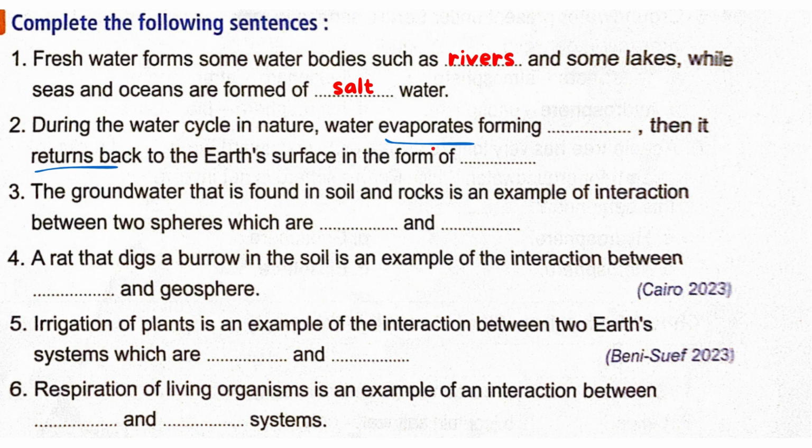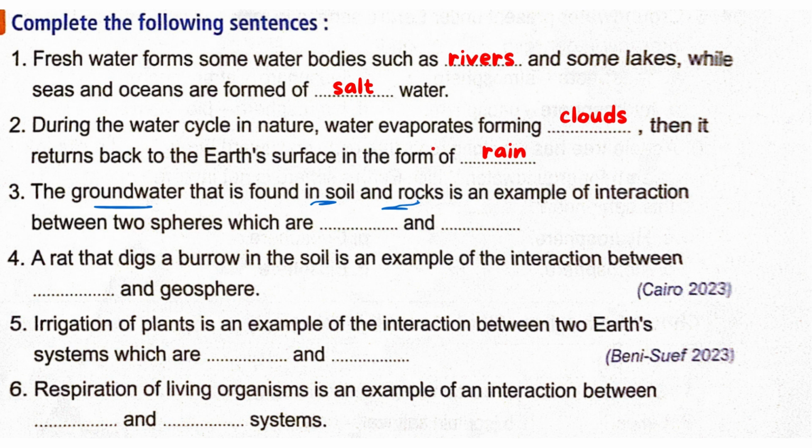During the water cycle in nature, water evaporates, forming what? Then it returns back to the earth's surface in the form of, yes, when the water evaporates, it changes into water vapor. This water vapor forms what? Yes, clouds.